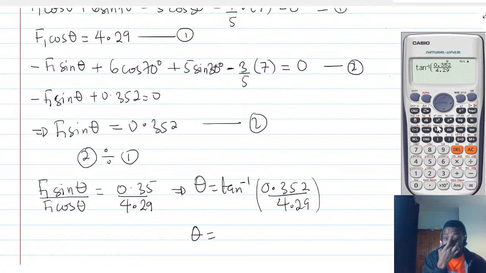So tan inverse of that, is that right? So you are going to get 4.69. So the angle is 4.69.